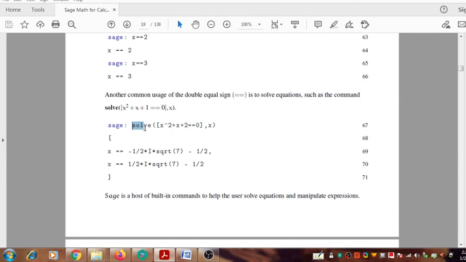You can simply write solve, and then in an ordinary bracket, you have to use a square bracket.